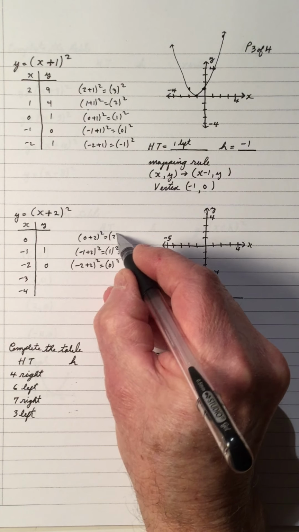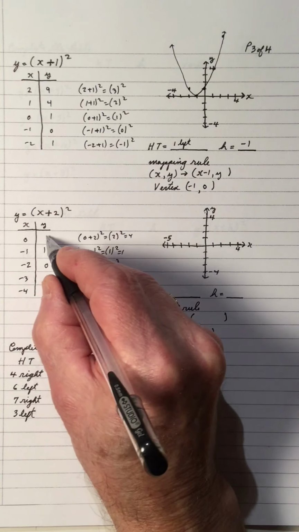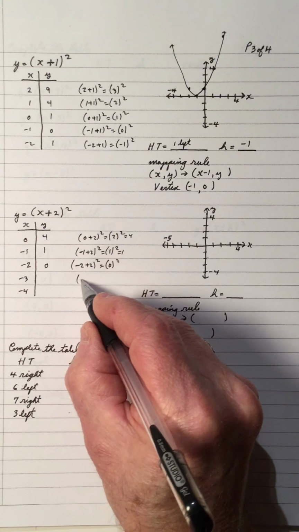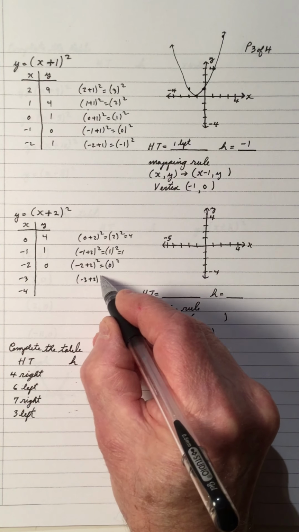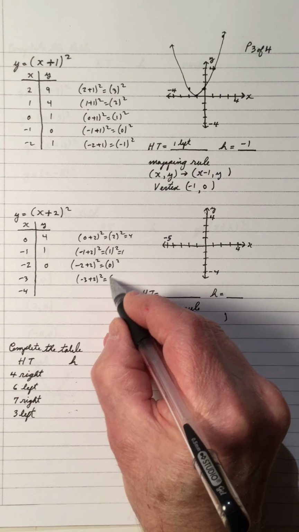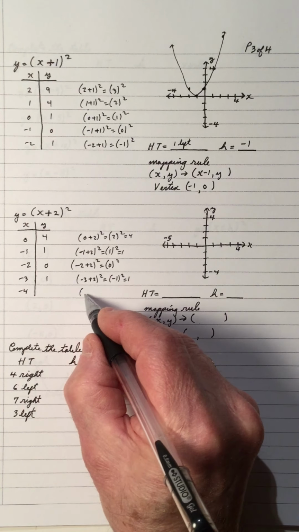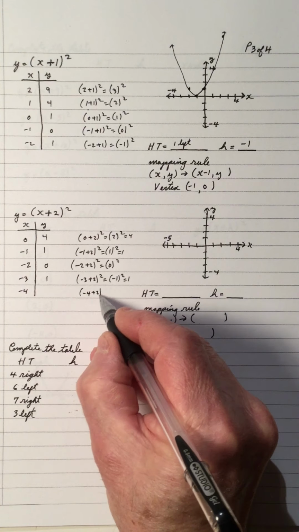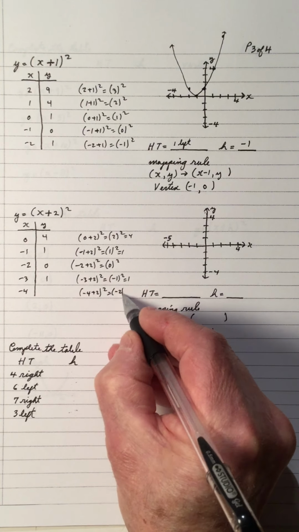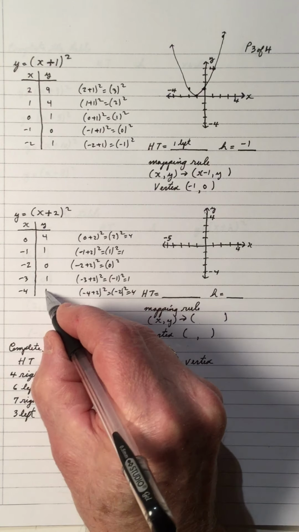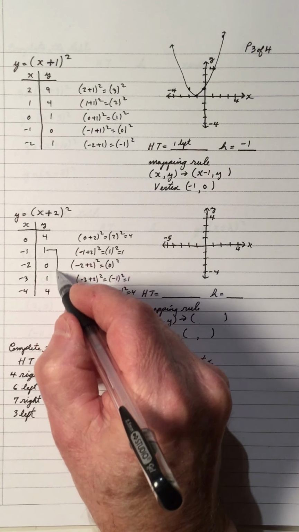So that gives us 2 squared, which gives us 4. Now I'm going to put a negative 3 in the place of x. So that gives me a negative 1 squared is 1. And when I put a negative 4 in the place of x, that gives me negative 2 squared, which is 4.